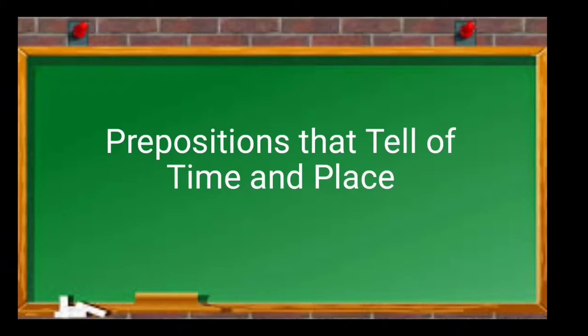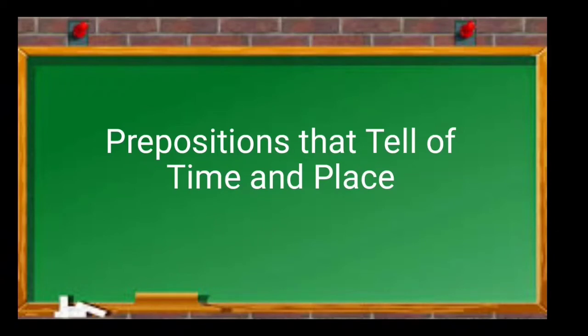Because of that, here are a few rules to help you understand when to use in, on, and at in a sentence. For describing time and place, the prepositions in, on, and at go from general to specific.